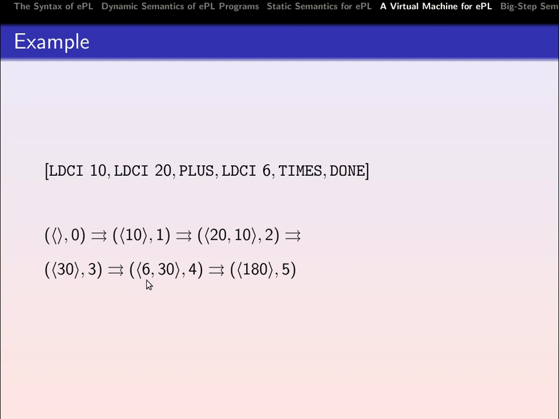Then we push the 6, and we have 6, 30, and we're at instruction 4. Finally, we pop the 2 elements at the top of the stack, perform the multiplication, and push back the result. So we end up with 180 and 5, and at that point, 5 is the index of done. The machine stops. The result of the computation is 180. Cool?